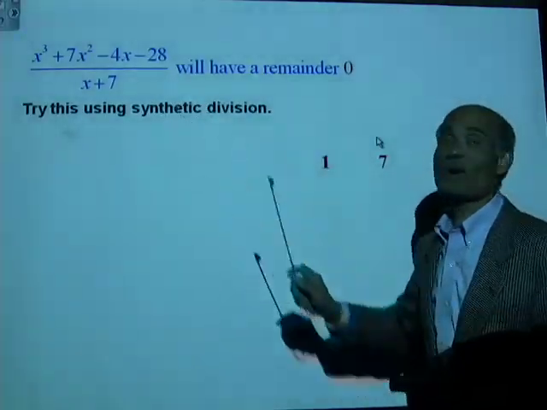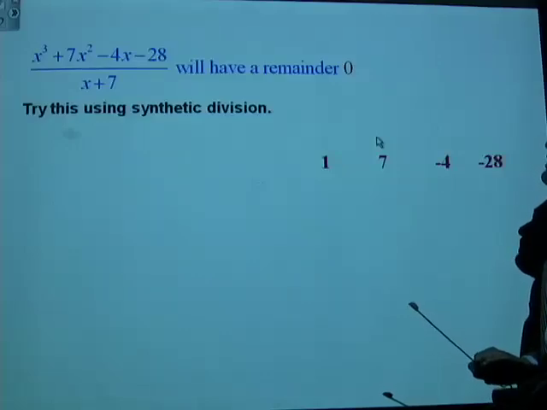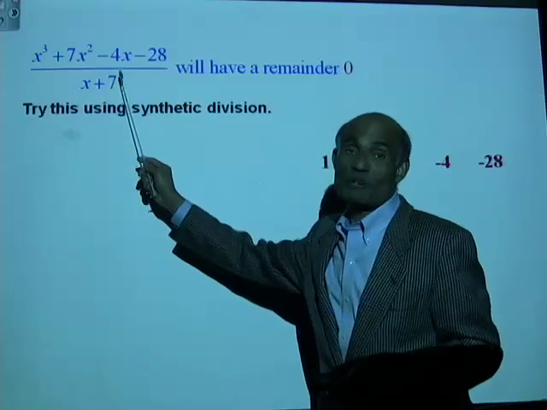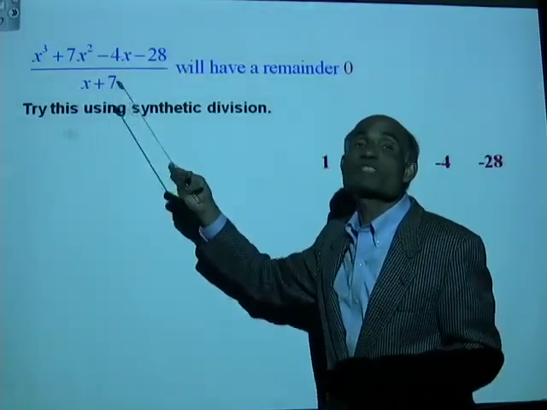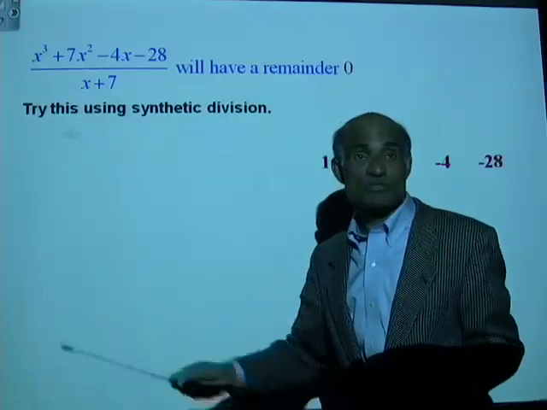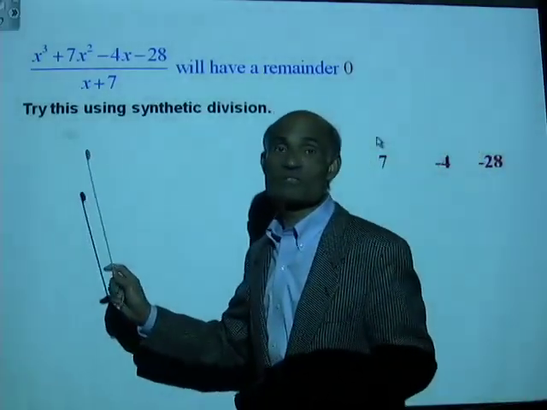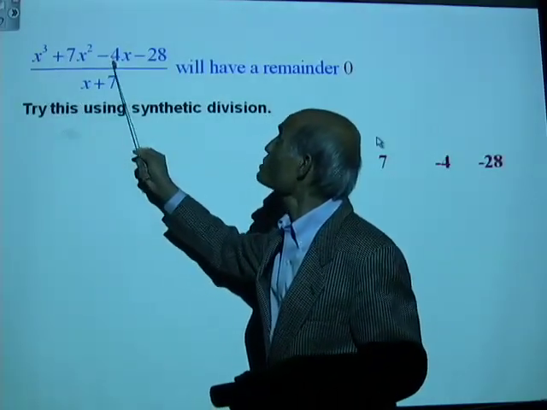Alright, let's try this one. x cubed plus 7x squared minus 4x minus 28 divided by x plus 7. Well, we know x plus 7 is a factor of this polynomial, so we expect to get the remainder 0. Alright, what's the first step in using this synthetic division? Write the coefficients of each term.